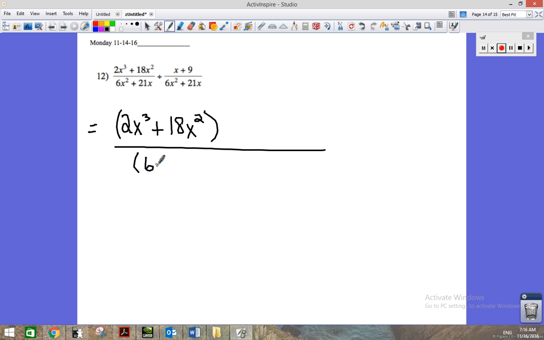And then we can just multiply the numerators and denominators together. So what was on the bottom here, we write on the top, 6x squared plus 21x. And what's in the numerator is now in the denominator.